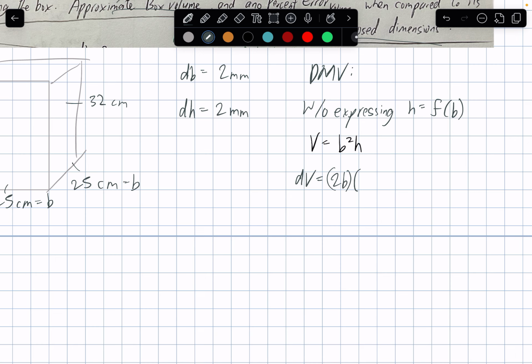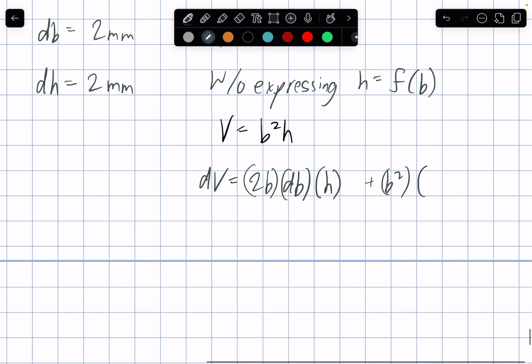All of them are variables, so nothing is going to be zero as far as I can tell. So h, just write it, plus b squared, just write it, and then, oh yeah, don't forget. After finding the derivative of b squared, we write 2b, right? There is something called db. I hope you can visualize it.